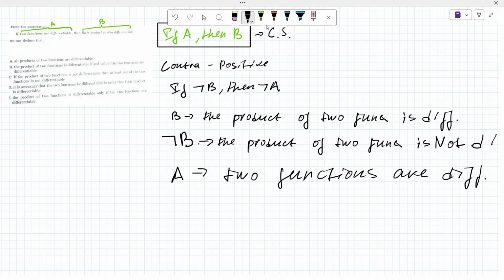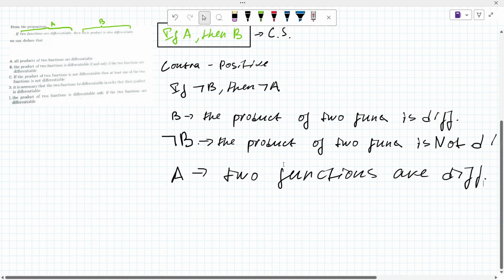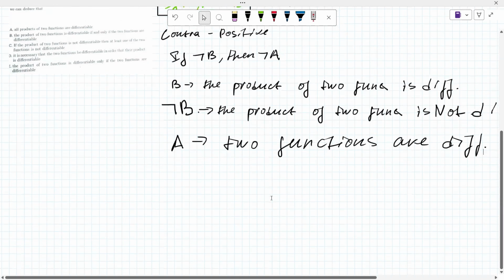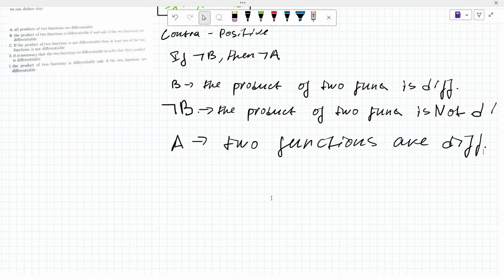Guys, anytime you have numbers, for example 2, you can replace it like all functions are differentiable. It's the same as two functions are differentiable in our case. And to negate all, you just need to find one contradiction. If you tell me the negation of two functions are differentiable is two functions are not differentiable, this is wrong.